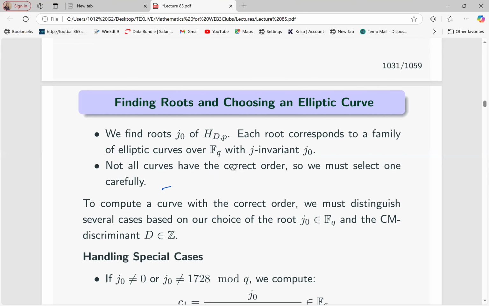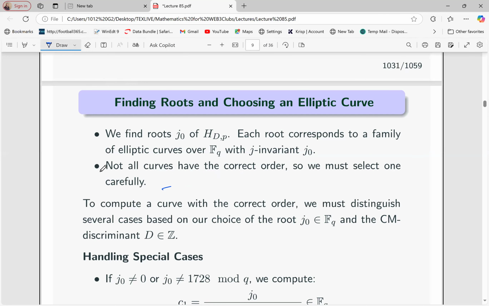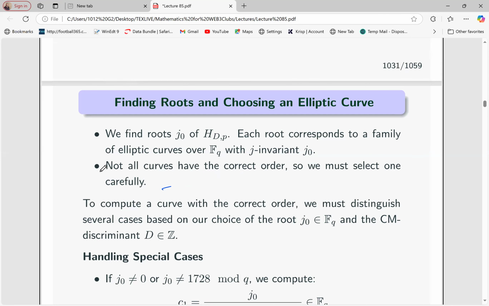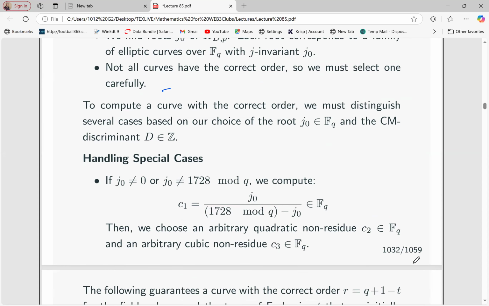But I'll show you an example where all these conditions are met. These cases are common, and these are the cases we'll be using to come up with our curve.